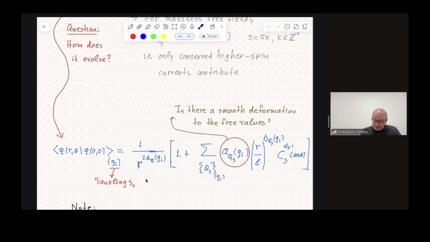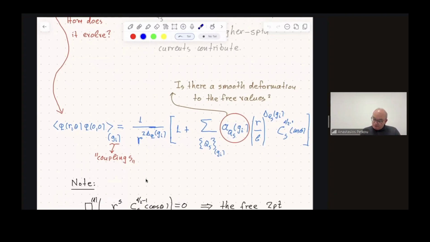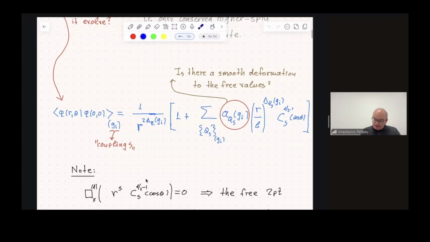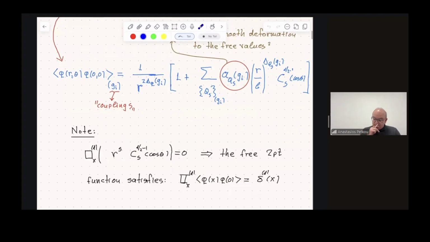So in this sense, the spin should be an integer number. So it shouldn't depend on the coupling constants. But of course, the scaling dimensions can change. Right. So now let me notice the following thing.